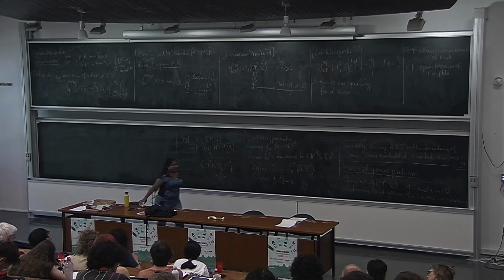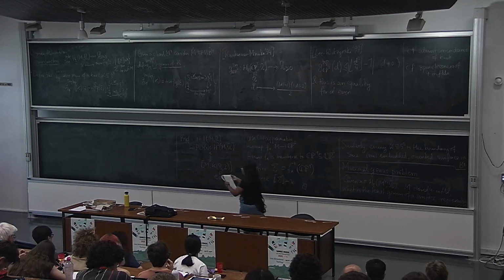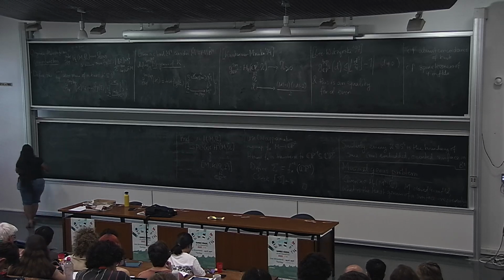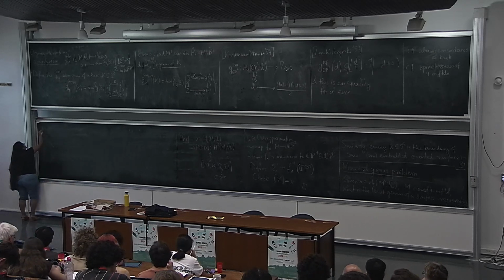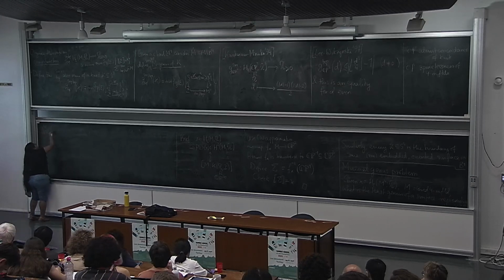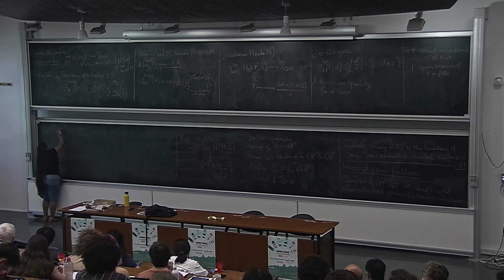But I don't want you to get the idea that we don't know anything in the topological setting. It turns out we do know some things. In particular, we know the following. We know that the topological CP2 genus in the relative setting, let's say for knots, is always less than or equal to 1.